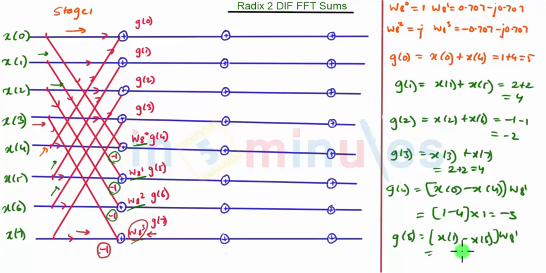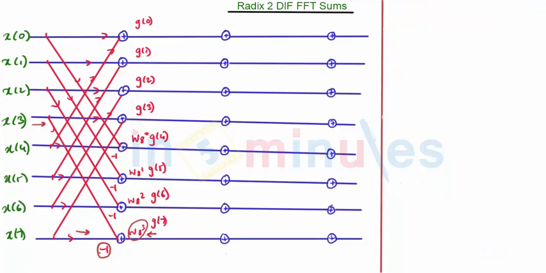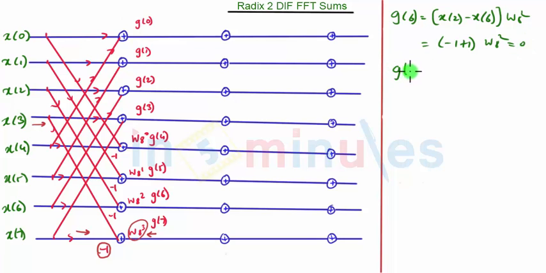But here x(1) minus x(5) is 2 minus 2, that is 0, into W^1, comes out to be 0. Now for g(6), we have x(2) minus x(6) multiplied by W^2. That would be -1 plus 1 times W^2, again 0. And the last, that is g(7), is x(3) minus x(7) multiplied by W^3. That is 2 minus 2 into W^3, again 0.